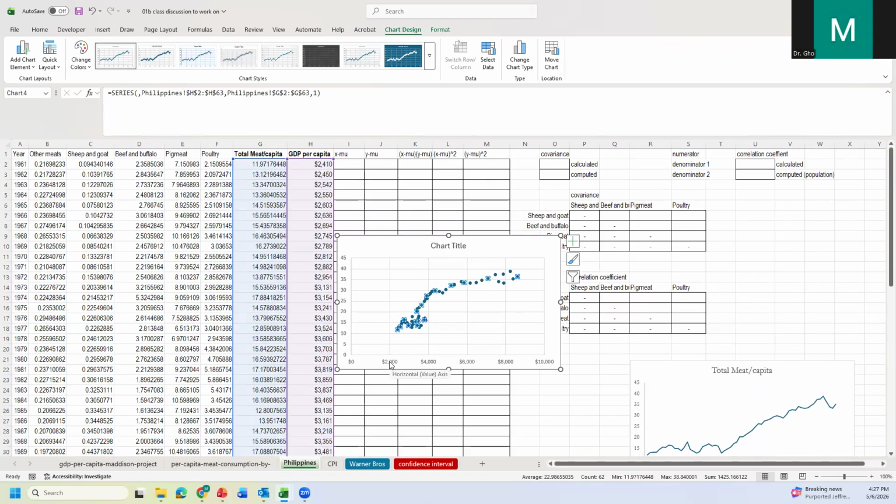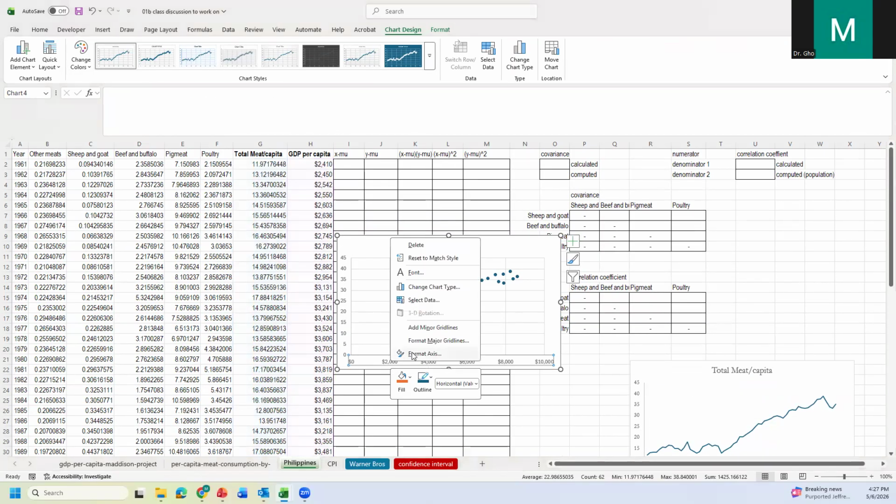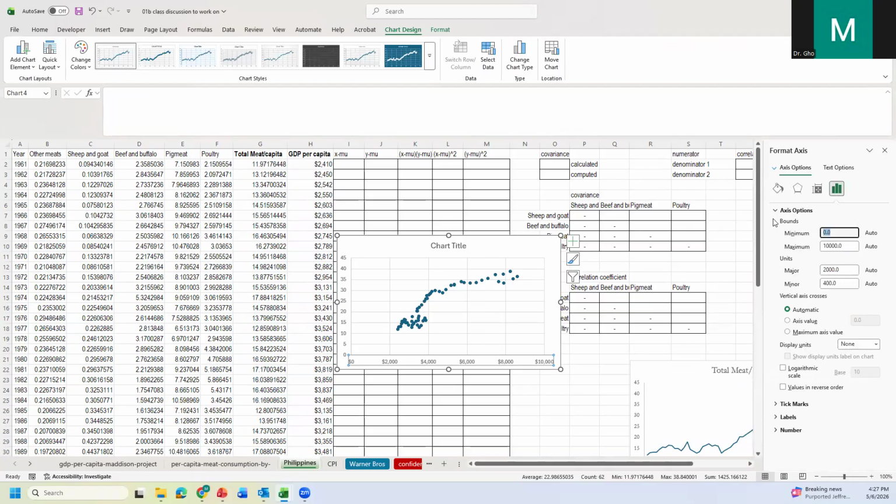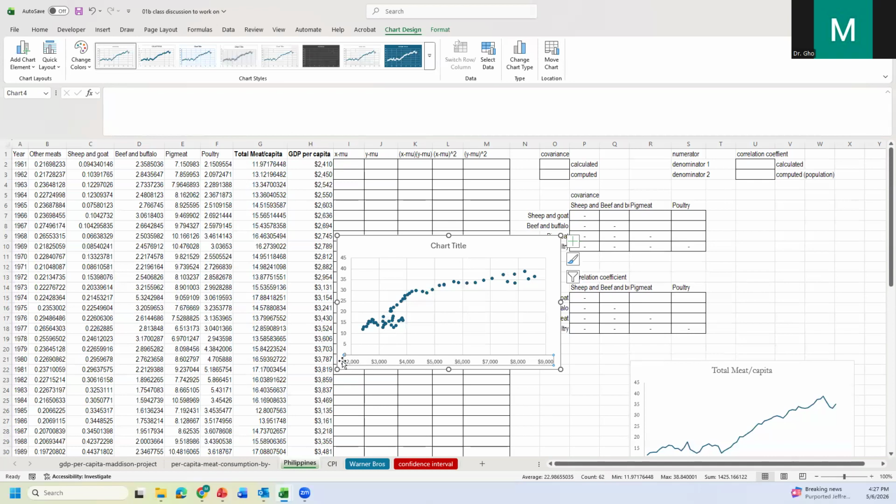So as money increases, GDP per capita increases, how much is the minimum? Let's go with 3,000. And there we go. It looks like there's something of a positive relationship between GDP per capita and meat consumption.